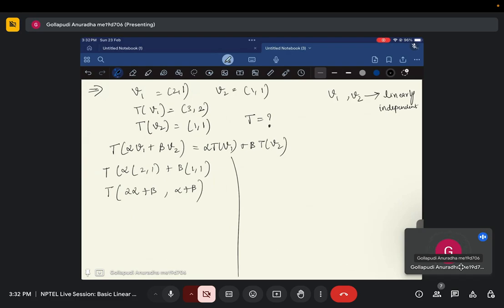On the left hand side, the alpha transformation I am getting as (3, 2), plus beta times the transformation of v2, which is (1, 1). So what I am going to get is (3 alpha plus beta, 2 alpha plus beta).